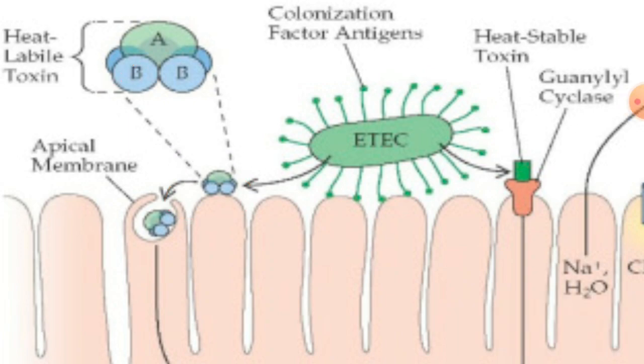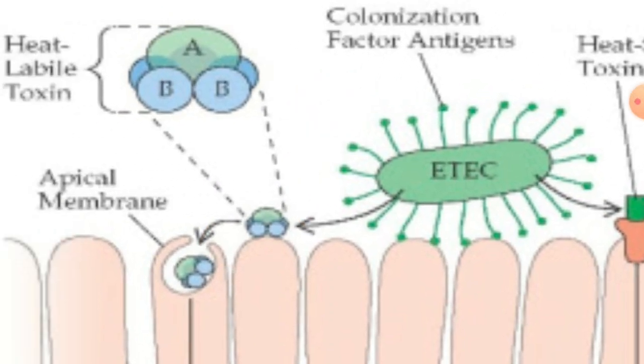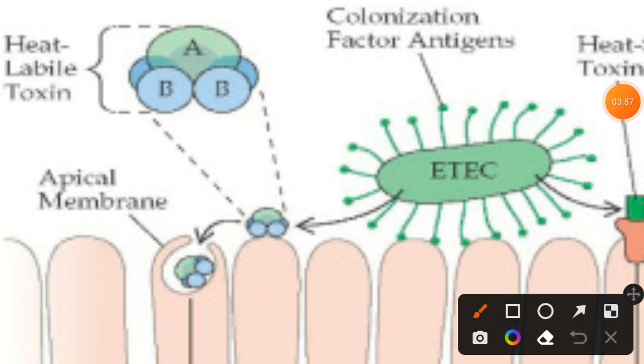So what is the meaning of AB type toxin? If you focus on this picture, I think you can understand that it consists of two subunits. One is the A subunit, another one is the B subunit. That is why it is called AB type toxin. B subunit means binding subunit and A subunit means catalytic subunit.